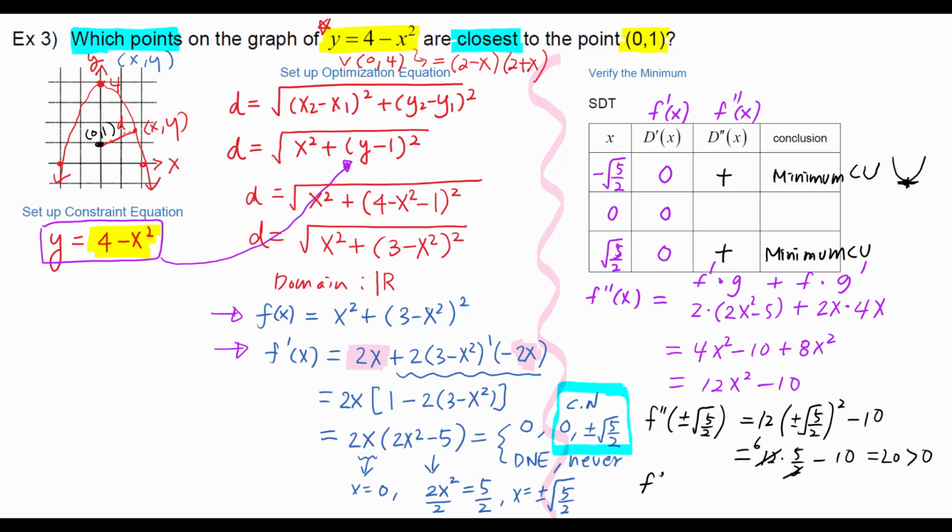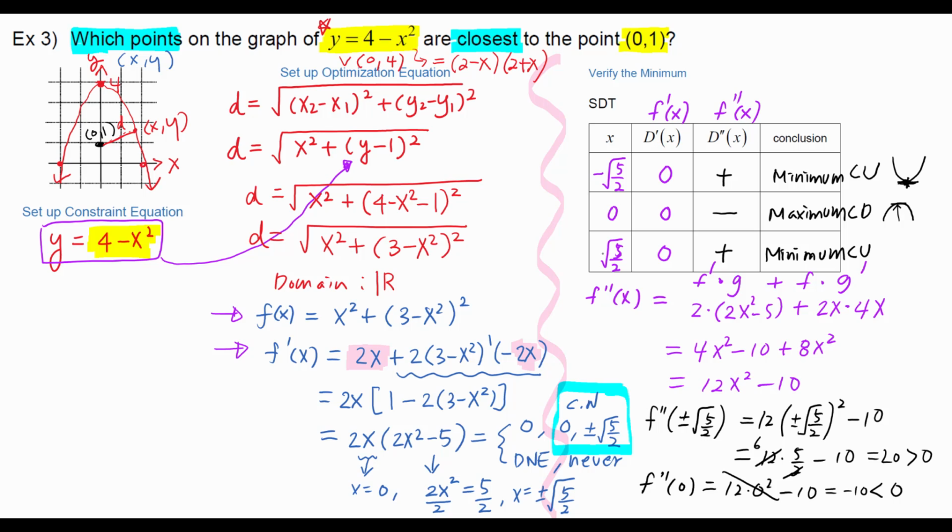What about f double prime of 0? At 0, I get 12 times 0 squared minus 10. This is 0. I get negative 10. So my f double prime of 0 is negative, which means it's concave down. And because it's concave down, at 0, I'm going to get a maximum.